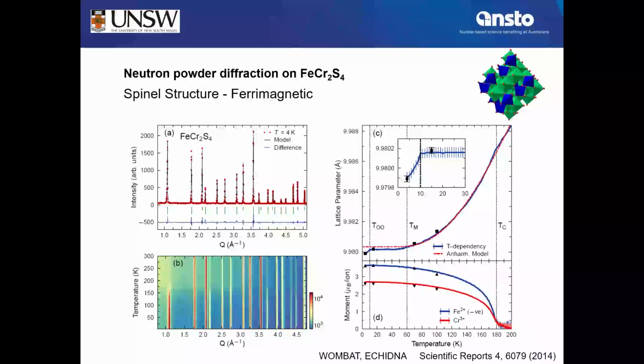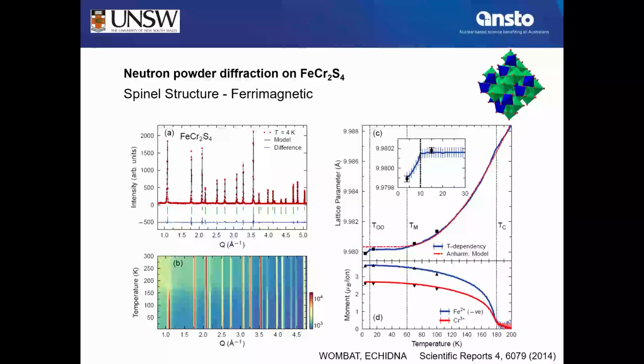Here's an example from one of my projects recently, iron chromium sulfide. The crystal structure is shown in the upper corner. Looks terribly complicated, but it's actually not that bad.